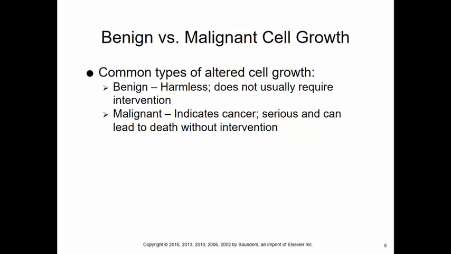Continuing on discussing cancer, moving on from normal human cells to cancer cells. When we are discussing cancer cells, we oftentimes categorize them in these two categories, benign versus malignant. Benign cancer cells or tumor cells essentially mean they're harmless.